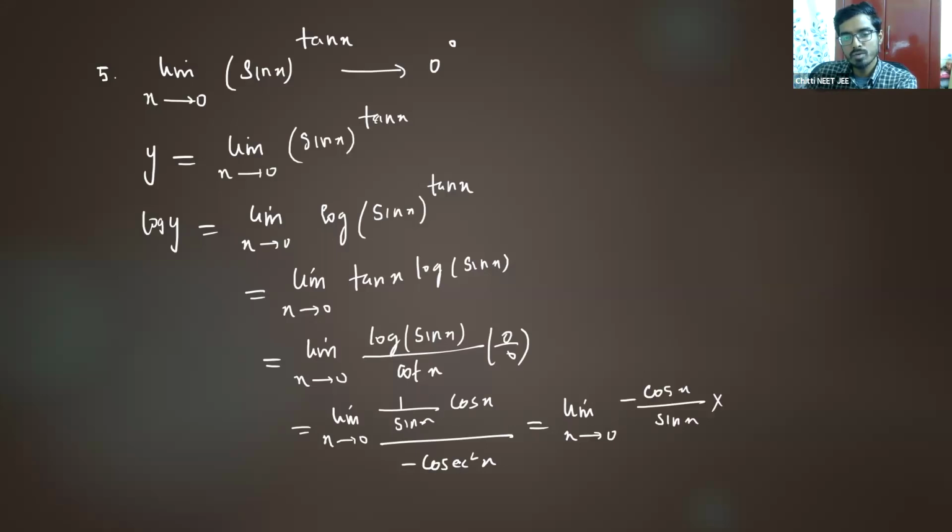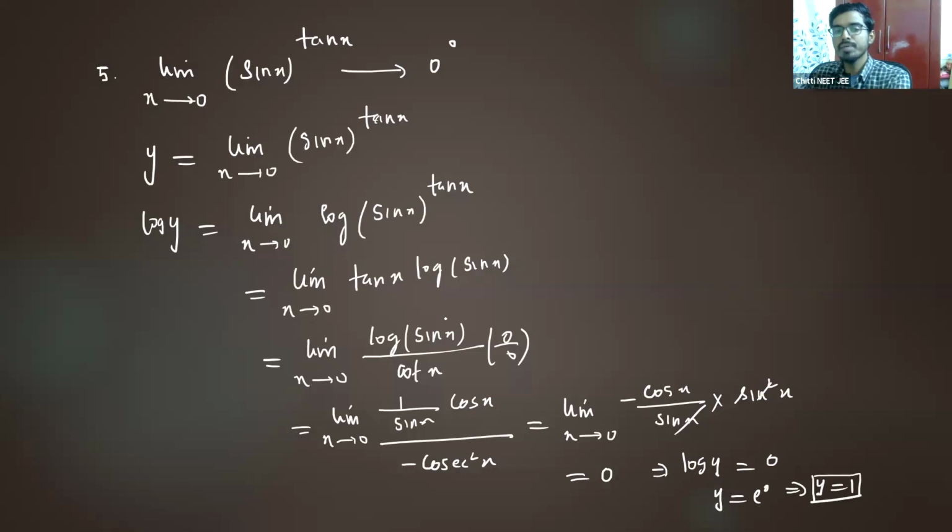Let us keep this minus here. 1 by cosecant square x is sin square x. So this is equal to 0, right? Because sin x into cos x, so 0 into 1. So we have log y is equal to 0. So that means y is equal to e power 0. That means y is equal to 1 is the required limit for this function.